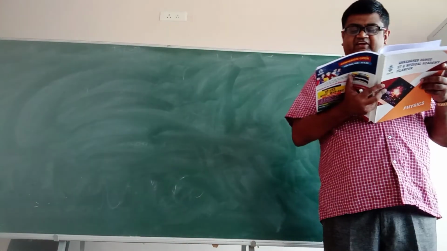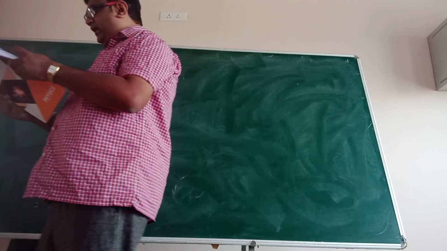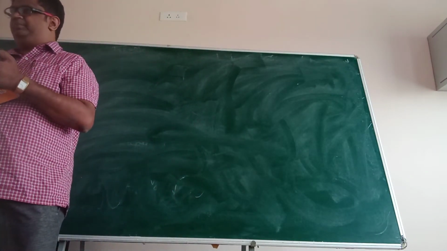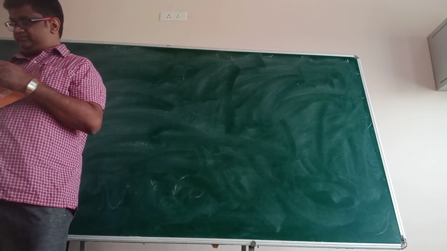Let us move to the next one. A gravitational field is present in a region. A point mass is shifted from A to B along different paths shown in the figure.